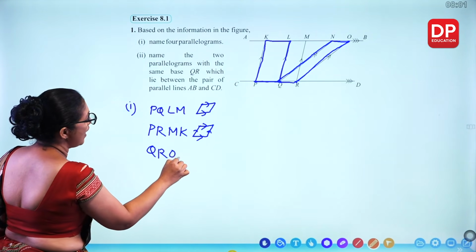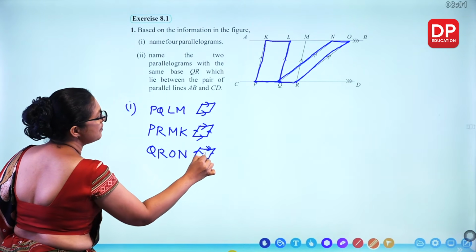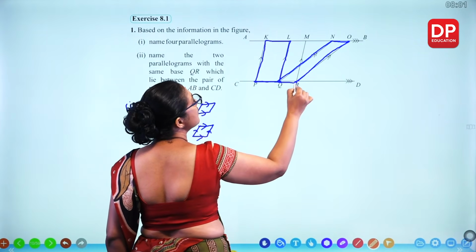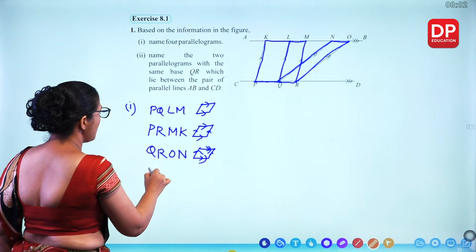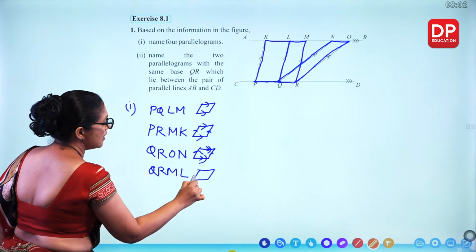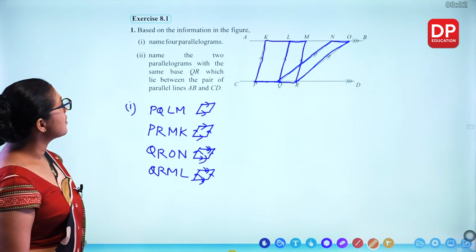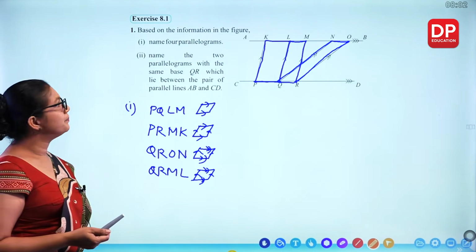QRON is also a parallelogram there. And what about this small one? Small one is also a parallelogram. QRML is also another parallelogram. So we got 4 parallelograms in this diagram.